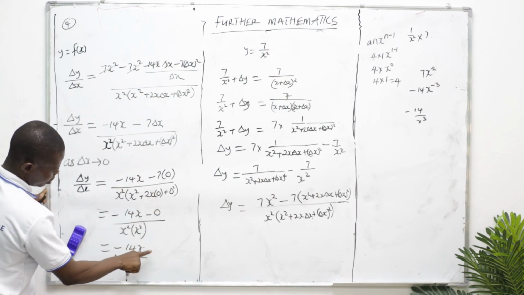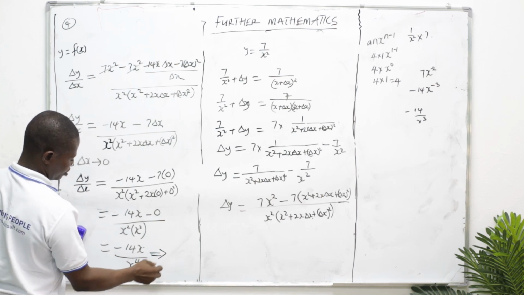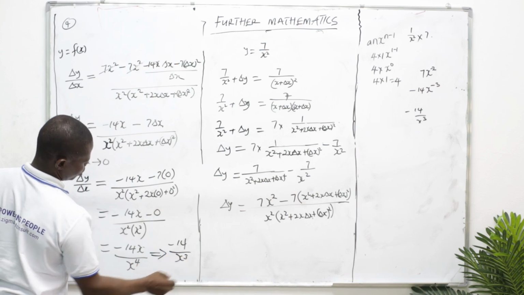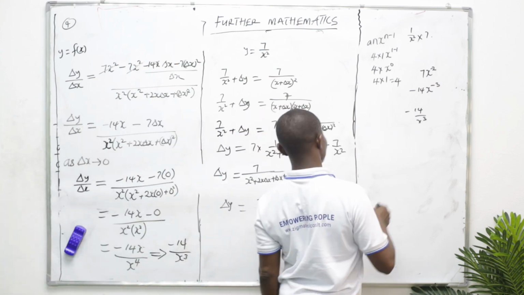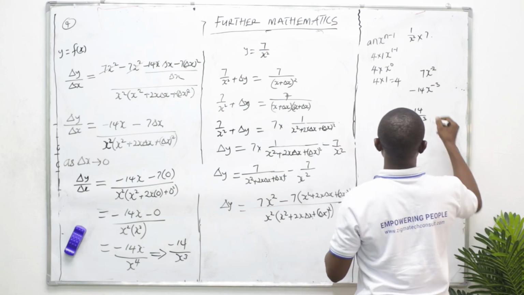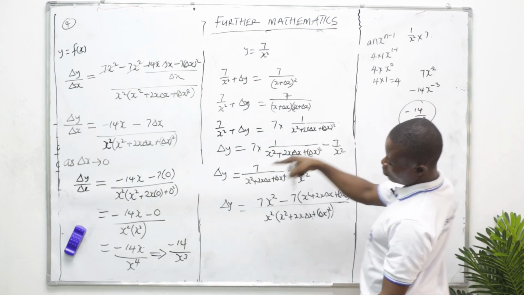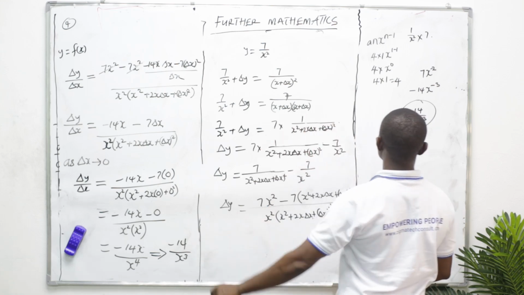So this implies minus 14 all over s cubed. Recall, from the general formula, we got minus 14 over s cubed. And from first principle, we also have minus 14 over s cubed.